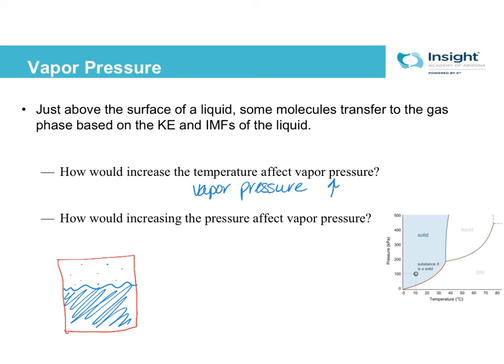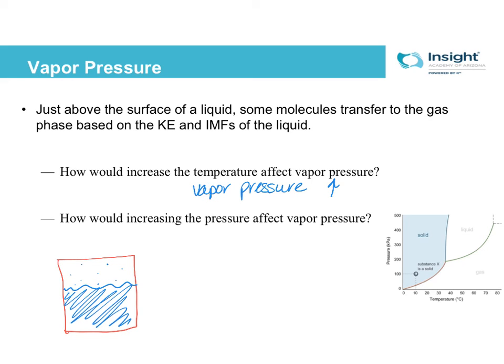Now, think about it this way. What would increasing the pressure of your system do? This kind of ties us back into that last topic we had. If you increase the pressure of your substance, you're going to kind of force the molecules closer together. It acts as something against kinetic energy.